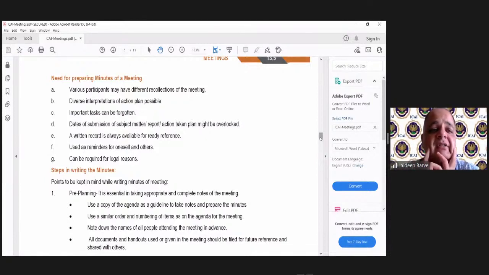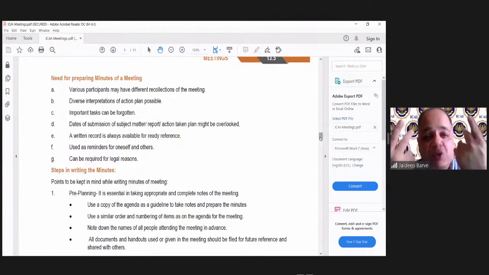You see an object: one person might say it is square in shape, the other might say it's rectangular, the third might say it's a quadrilateral. So different interpretations, different recollections. People would have different connotations of what actually happened. People might retain something, people might forget something. So important tasks can be forgotten.